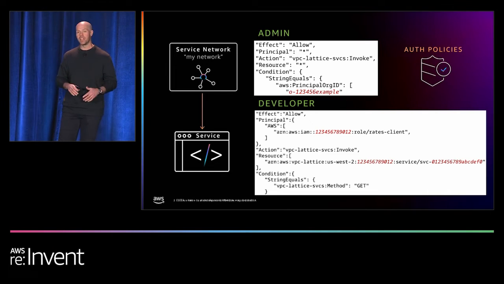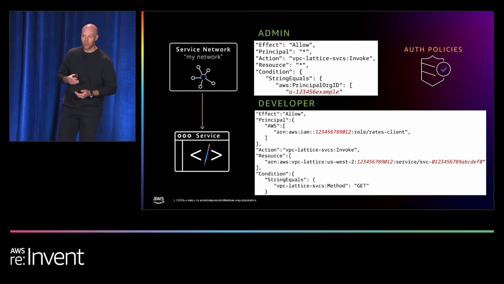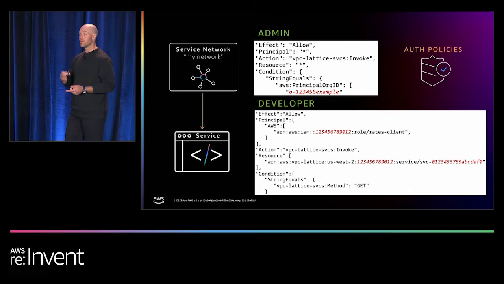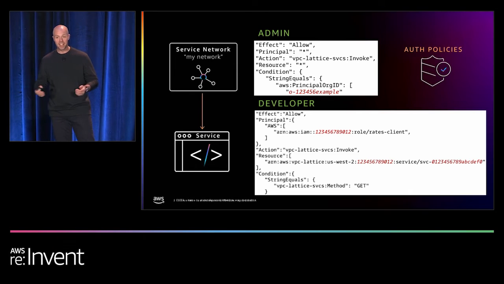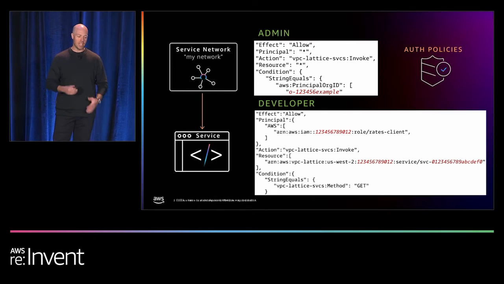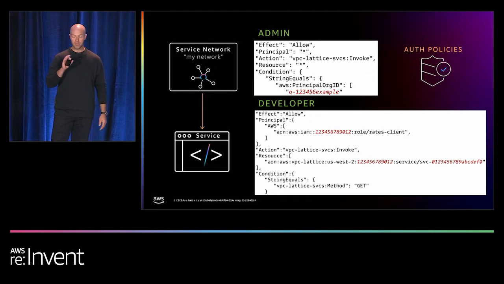On top of that, it's also the L7 stuff. So you can write only allow GET requests with the query string parameter equals 10, and the header match equals something or other, you name it. You can get into that fine-grained policy for your service side. I want to point out, too, again, these are just resource policies.